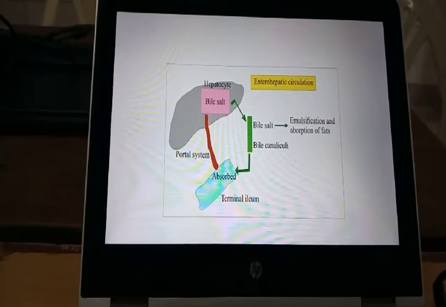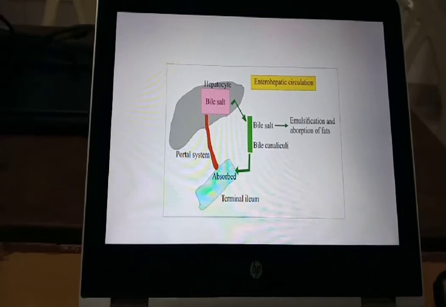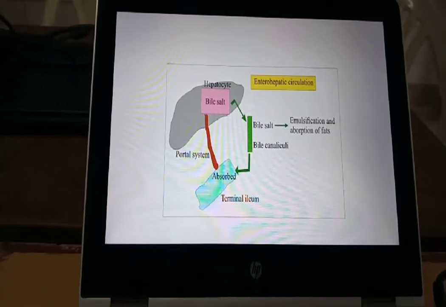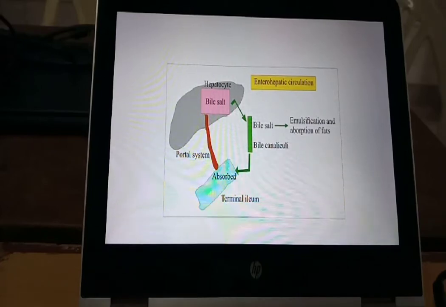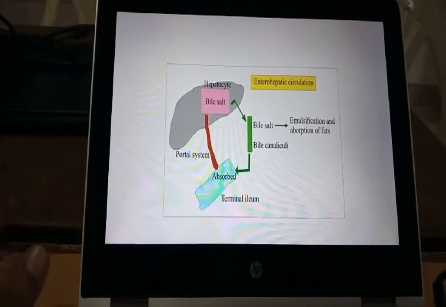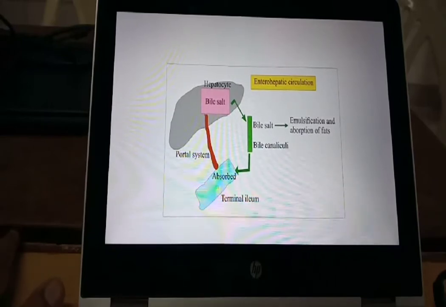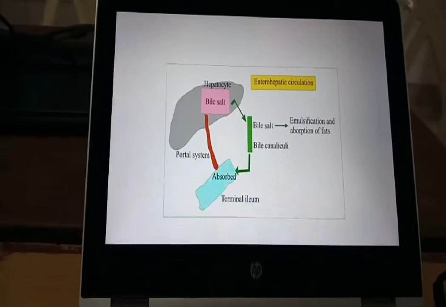The hepatic portal system will then take all this blood right through the liver, which will give up all the toxic substances and all the substances that are needed for digestion, and take only the already digested and absorbed particles right into the hepatic veins, which will drain into the inferior vena cava, which will go into the systemic system. And then all this will be taken to the different organs in the body, including the brain.